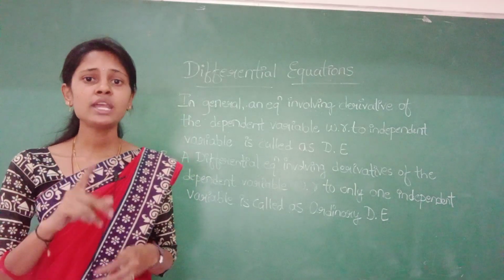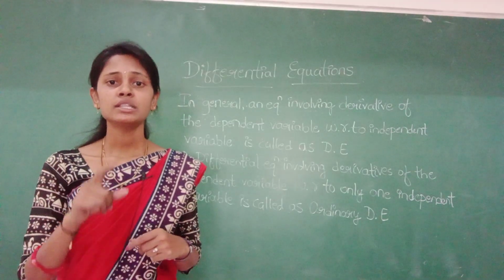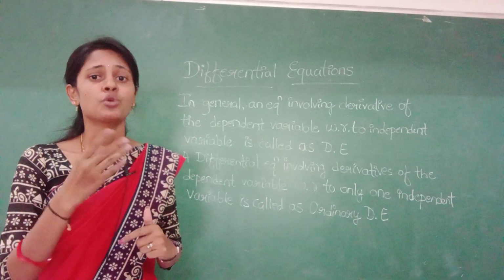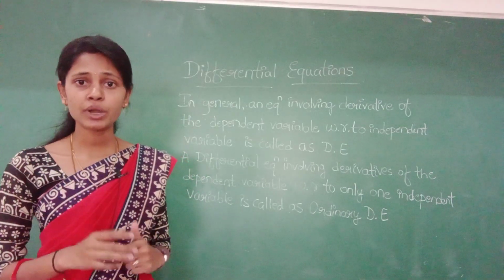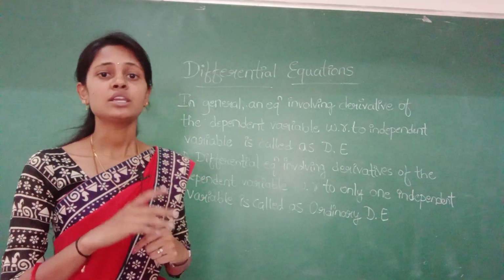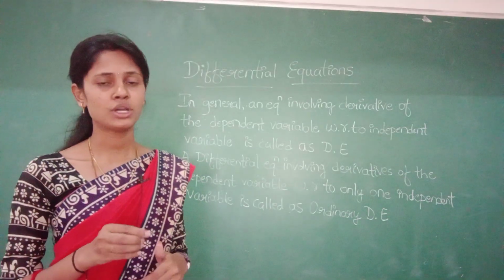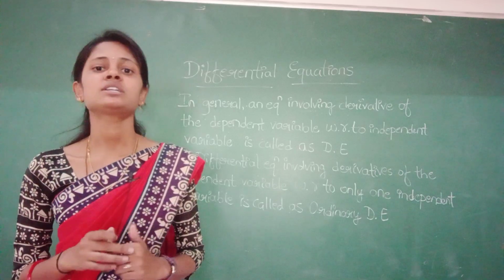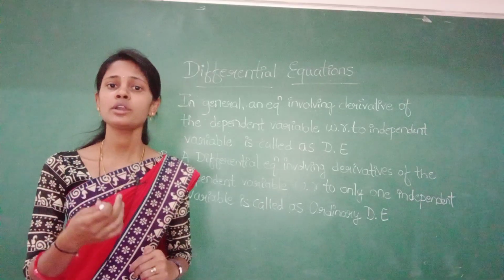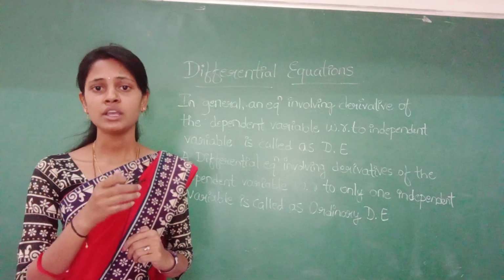If only one independent variable, then we say it is an ordinary differential equation. If more than one independent variable is there in the equation, then we say that equation is a partial differential equation.